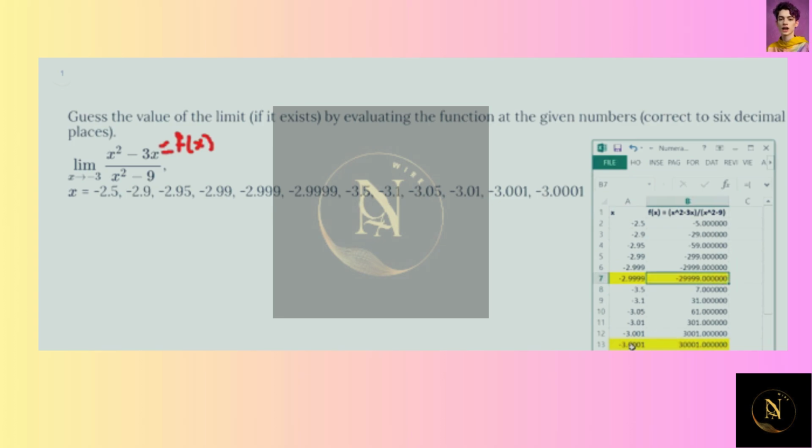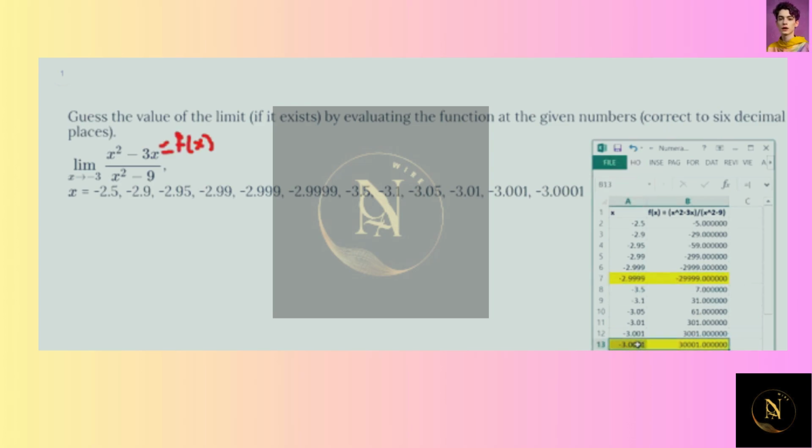And closer to -3 from the left-hand side, the behavior of the function is very, very large, very positive. In order for this limit to have a confirmed value, we first need these two limits to exist. In this case, they do. But then we also need them to be equal to each other. And that won't be the case because one is a very large negative number and the other is a very large positive number.